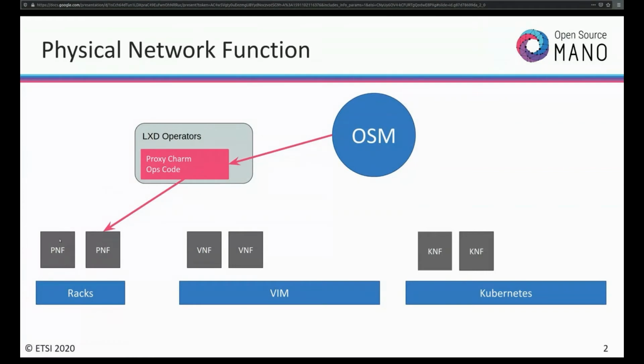So the good thing is that we can easily add primitives, day-2 operations with charms. If you know how to write charms, then you can write operations and add primitives to any of your workloads.